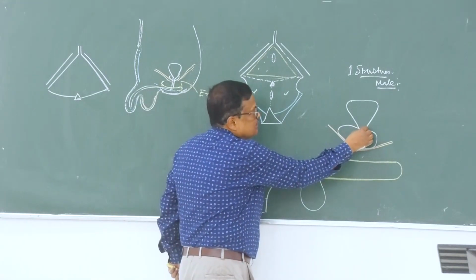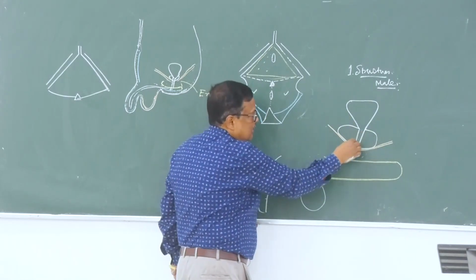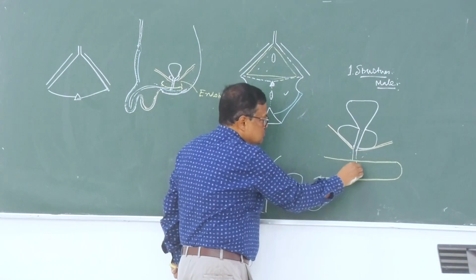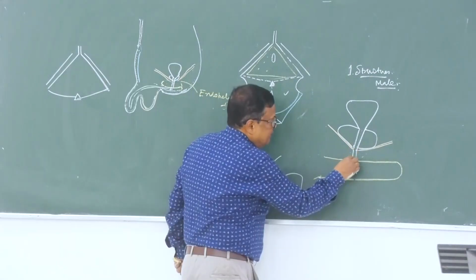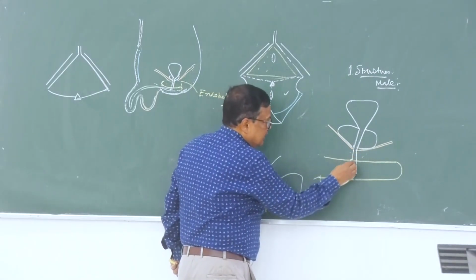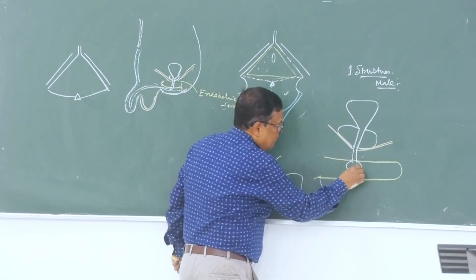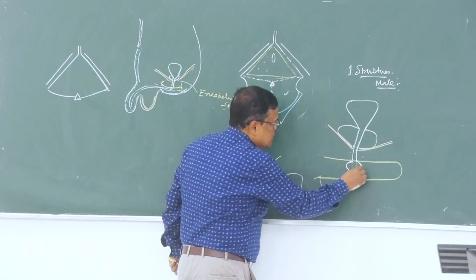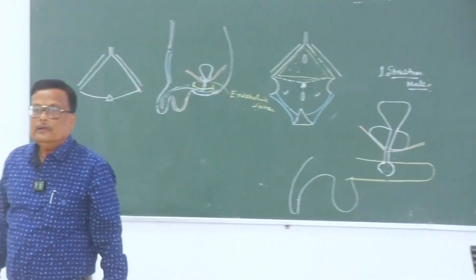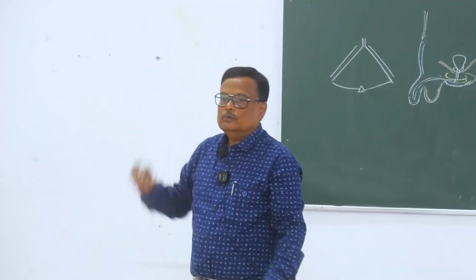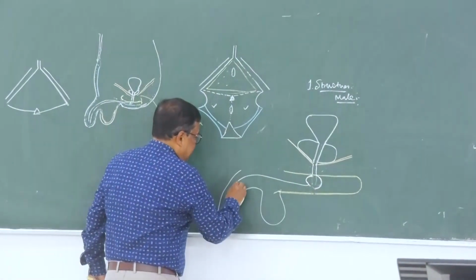So it starts here, passing through the prostate, we call prostatic urethra, then passing through the superficial and deep perineal pouch, we call it membranous urethra. This deep perineal pouch, we call membranous urethra, and here the urethra is dilated in the superficial perineal pouch. We call it bulb of the urethra. What do we say? Bulb of the urethra, like a bulb. And this bulb of the urethra now continues as the penile urethra.